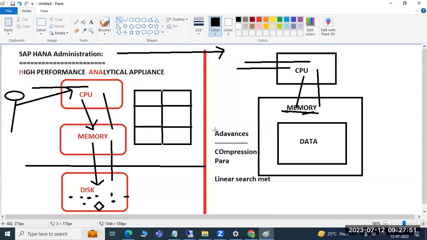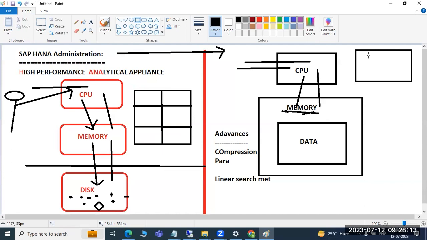But in the HANA database, the data is stored only columns wise, not rows wise. We don't have any rows in the table. That is the reason HANA is a columnar store database. It has only column store.